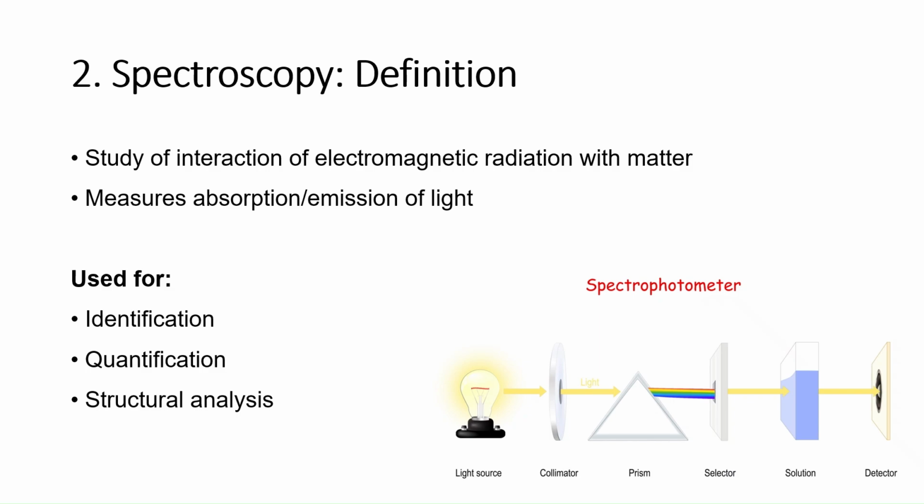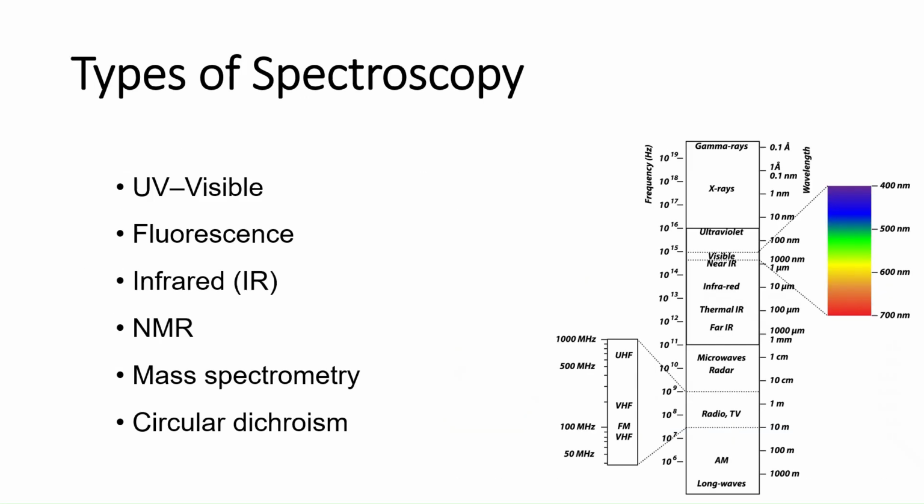Spectroscopy studies how light interacts with matter. It is used for identification, quantification, and structural analysis. A spectrophotometer has a light source, monochromator, sample holder, and detector. CUET may ask you to label these parts.